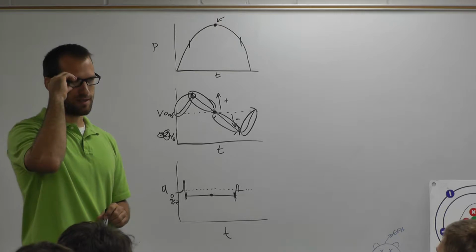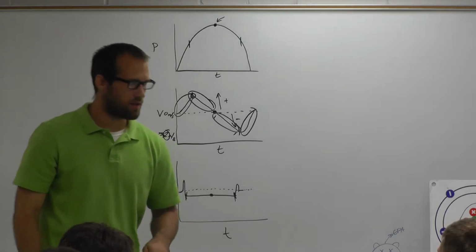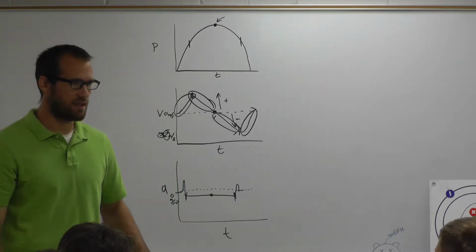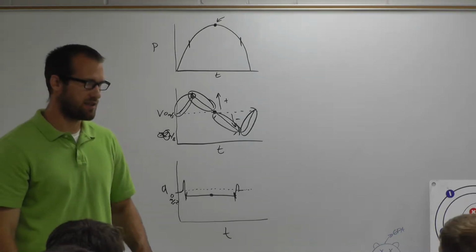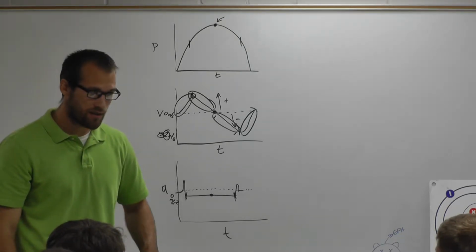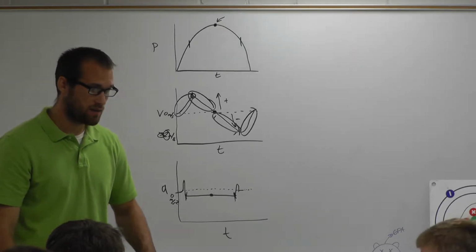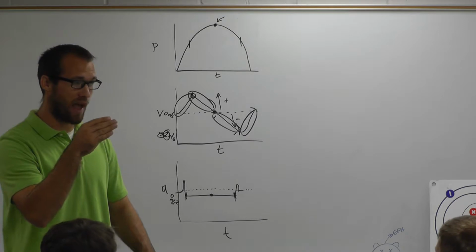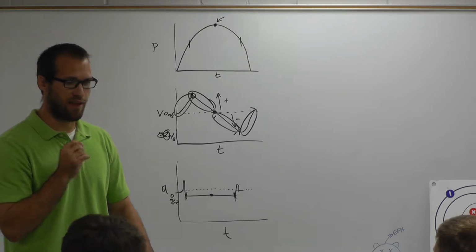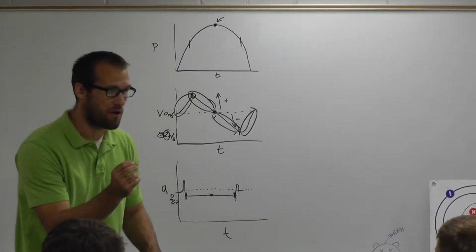Now notice, what is the definition of acceleration? It is the change in velocity over time. If the change in velocity is constant, you should have a constant what? Acceleration. And was our velocity changing constantly after we let it go? Like every second it was changing the same amount?